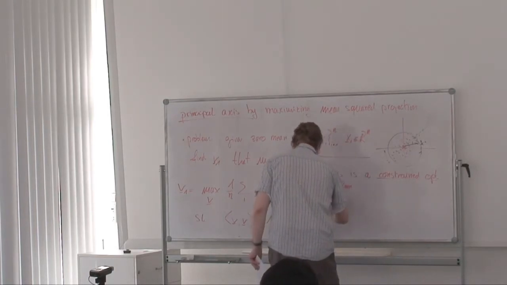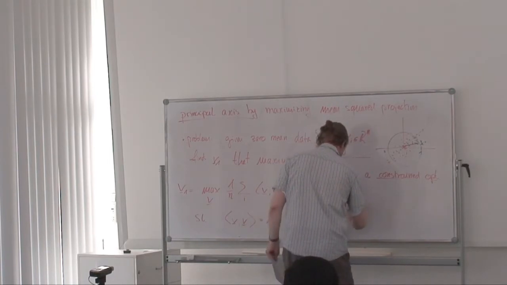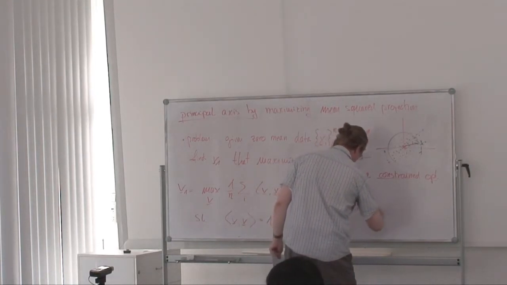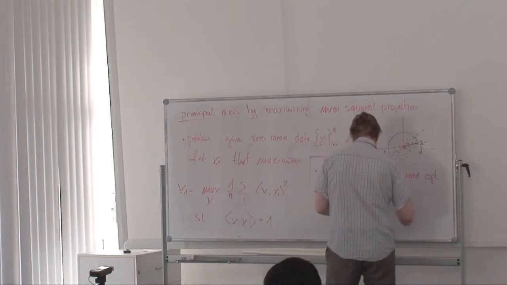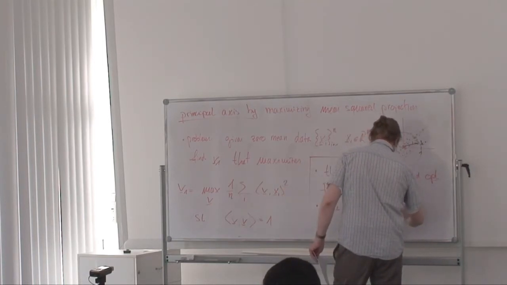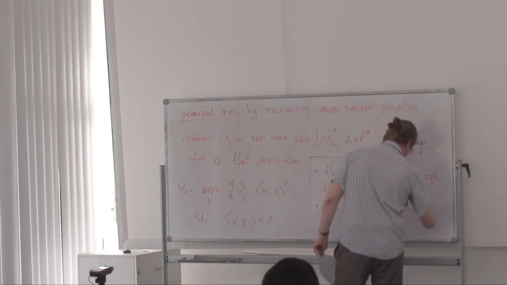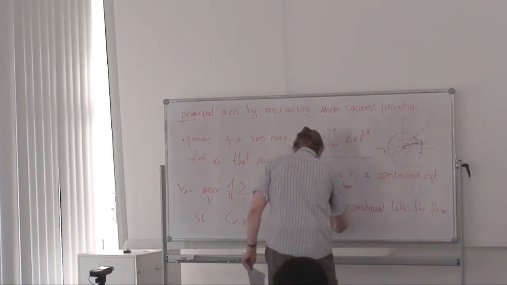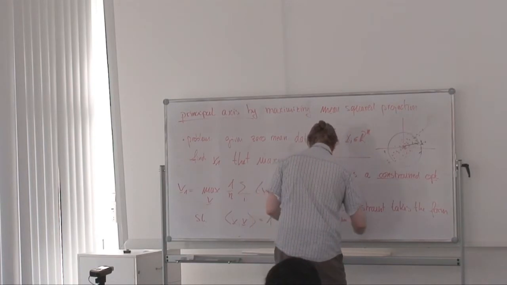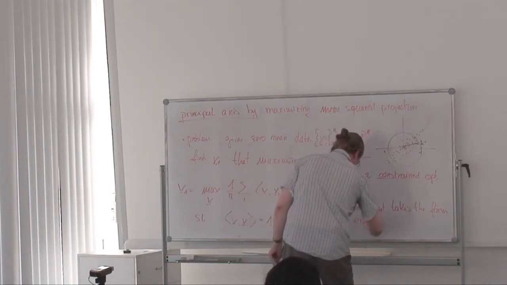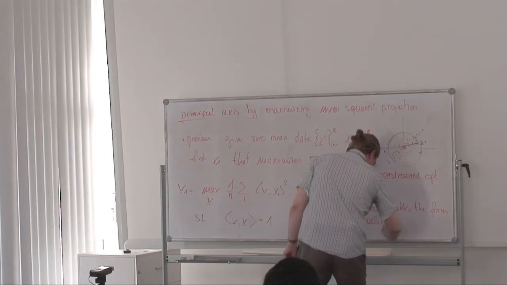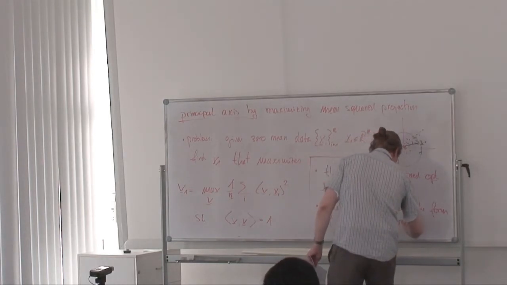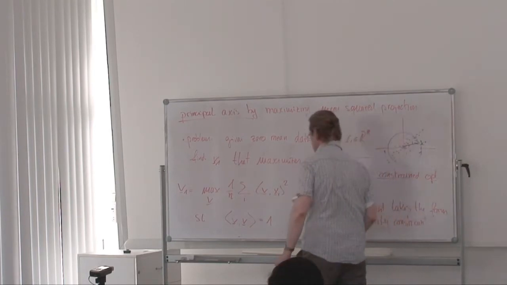And it's a very special form of a constrained optimization problem, because the constraint takes the form of an equality constraint. Right?